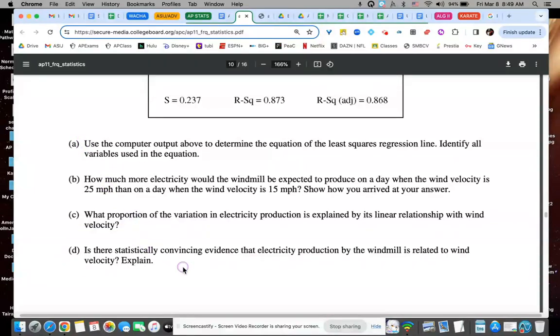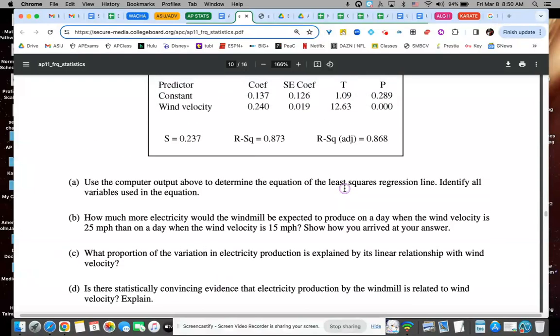Okay, part D, this is the testing part, and for Unit 6 we haven't really done this, but Unit 7 you're definitely doing this. Is there convincing evidence that the electrical production is related to wind velocity? So that's a direct test.